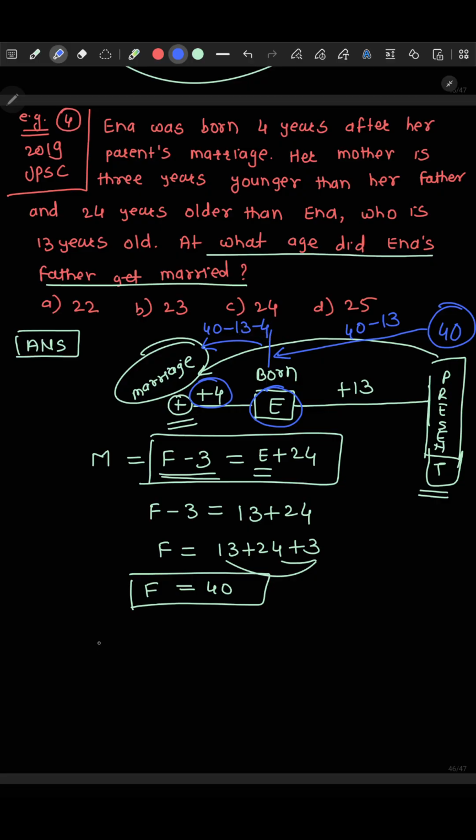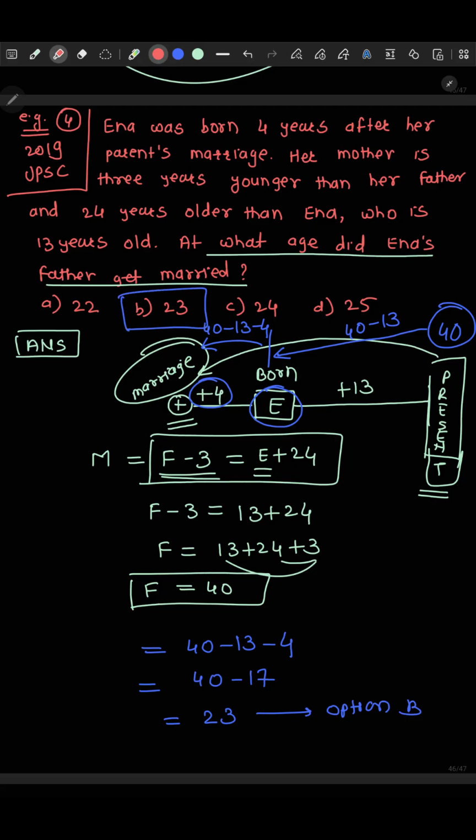Hence at the time of marriage, the father's age was 40 minus 13 minus 4, which equals 40 minus 17, and that equals 23, which is option B. And hence option B is correct.